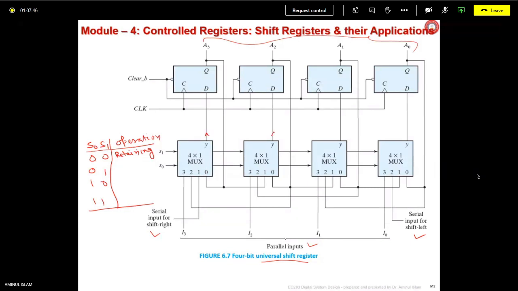Do you agree? So the 0 input is connected to Q. See here, Q here. Similarly, everywhere you see, this is connected in this way. So it is going to retain the previous content.